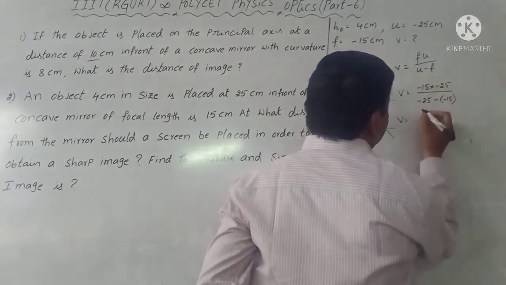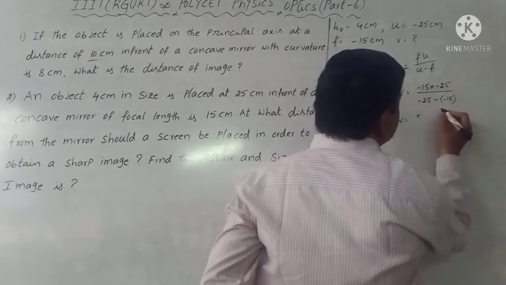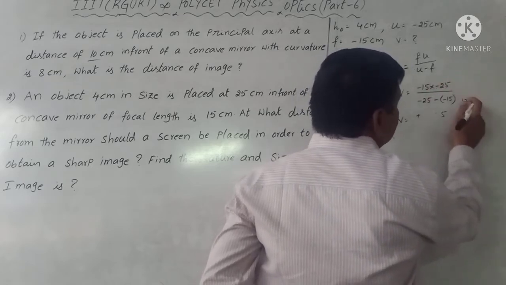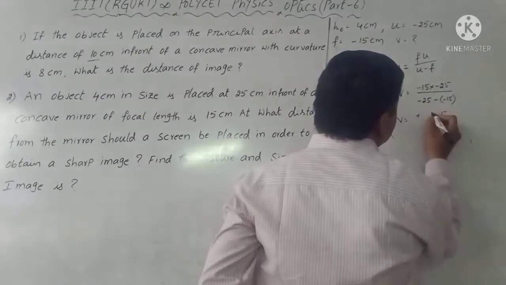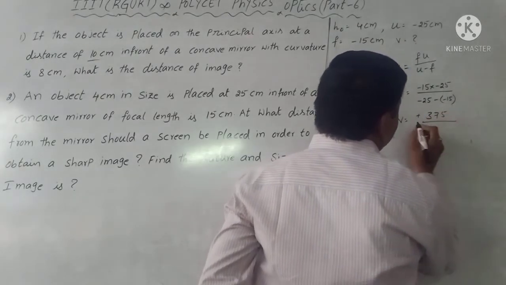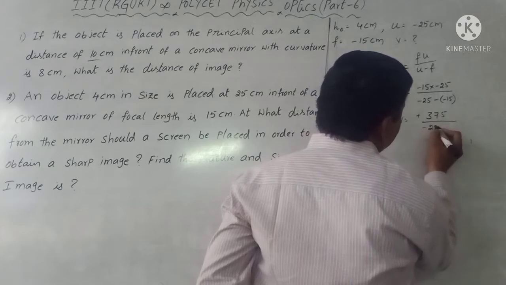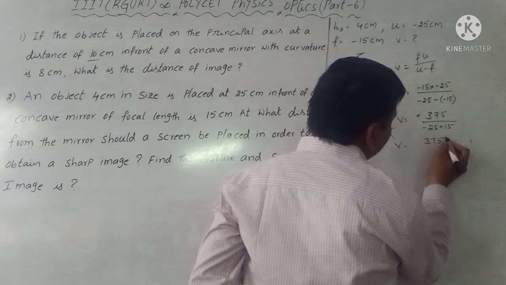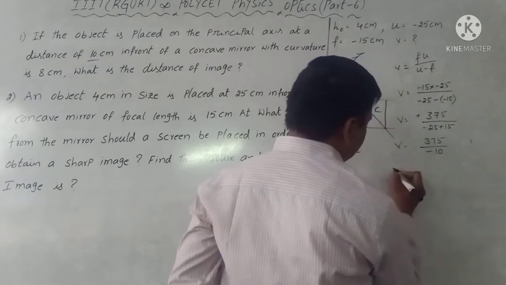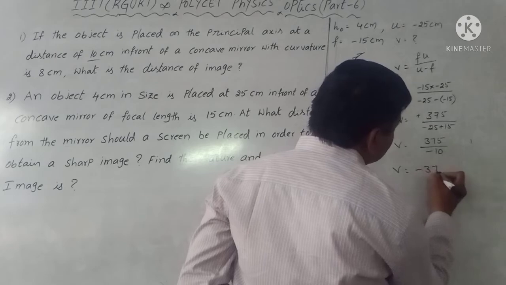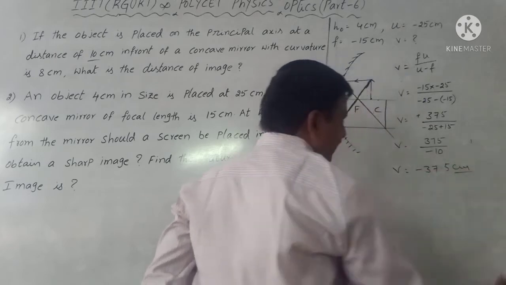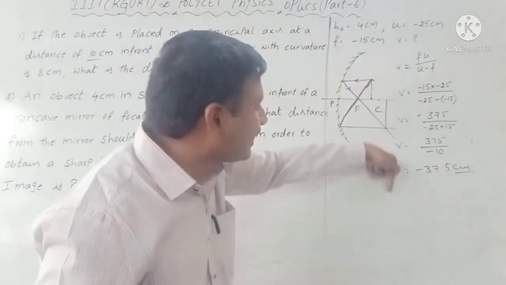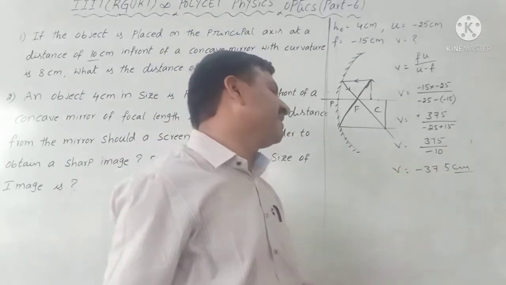Minus into minus gives plus, 25 times 15 is 375, over minus 25 plus 15. Then V = 375/(−10), so V = −37.5 centimeter. Minus means it is a real image. So we found the image distance.